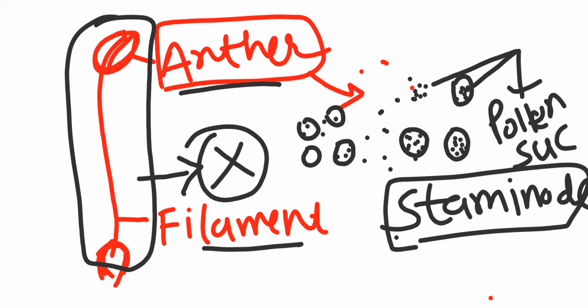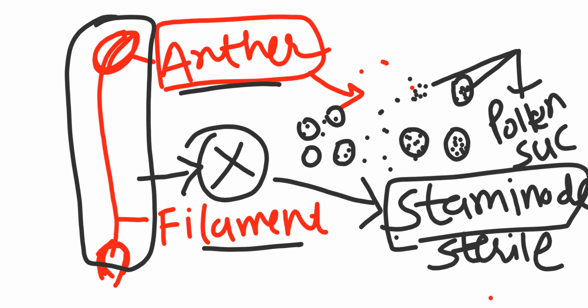That condition we call staminode, sterile stamen. In short, we can say that the sterile stamen is not fertile. So that's why we call it sterile, it cannot produce its own gamete. Right? Tell me, is it clear? Staminode and the stamen structure.